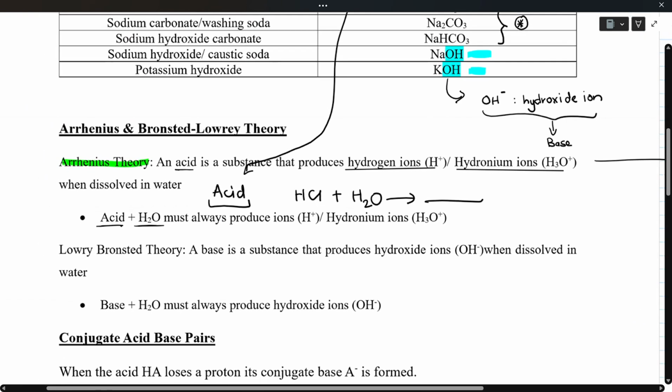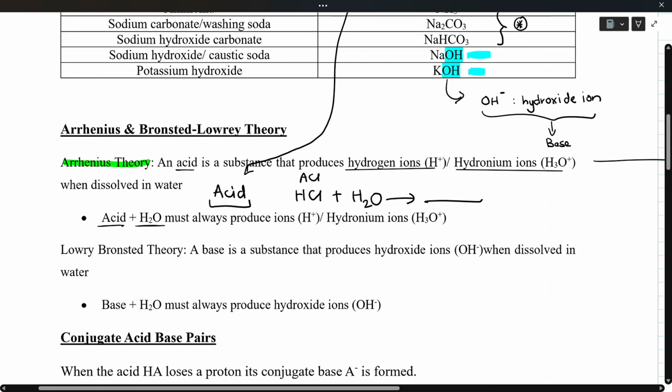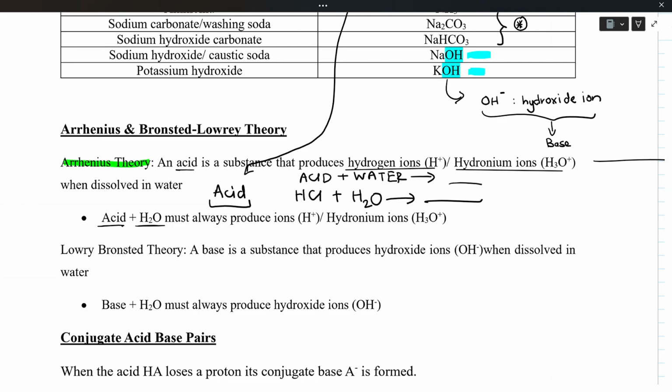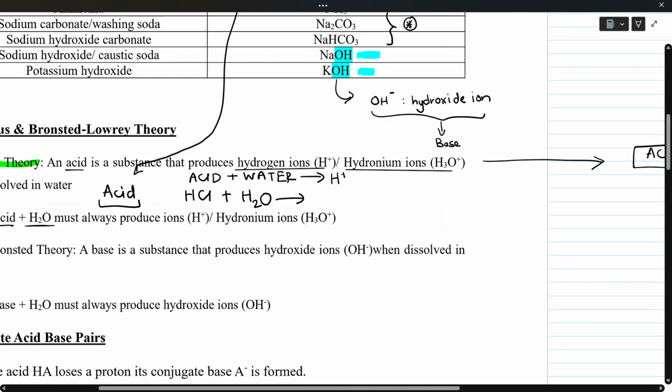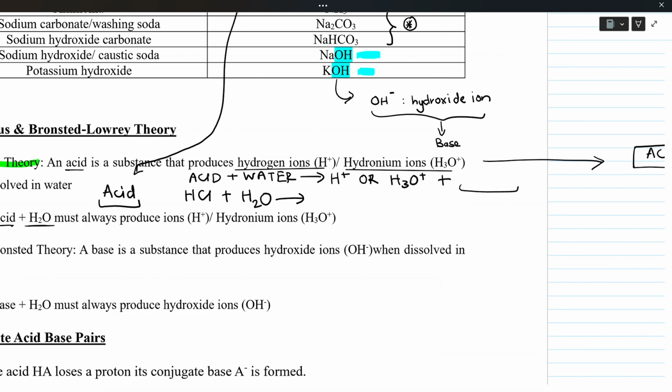That's how we're going to write down these equations. You have acid plus water to give you your products. Now, if you caught on to the definition very quickly, you'd realize that your product must always include the hydronium ion or the hydrogen ion, because that is the definition of an acid. So you must always have H plus or H3O plus in the product. There's also some other product that forms, which we'll look at examples to find out.